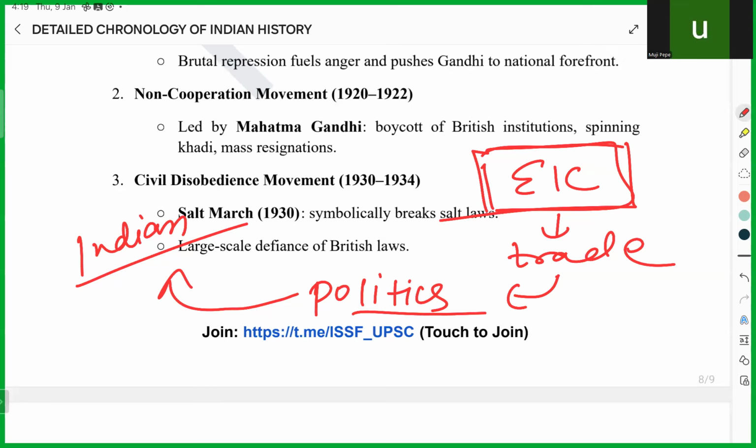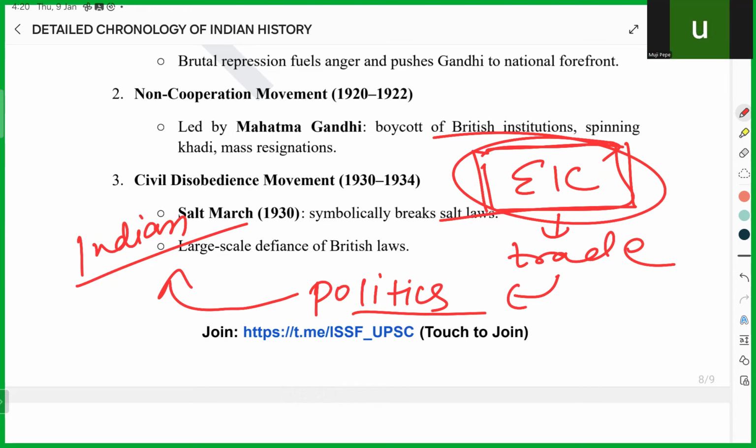Then the British government got jealous that, oh my God, this East India Company, how can they control a larger area than us Britishers? It is like Reliance went to trade in some country and Reliance became the king there. Mukesh Ambani became the king of that place. So the Indian government became jealous and said to Mukesh Ambani, now move aside, I am coming. Okay, whatever you have done, this is on my behalf because you are under me. In the same way, India was ruled by a private corporation till 1857.